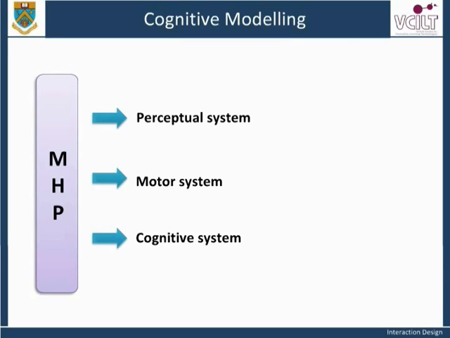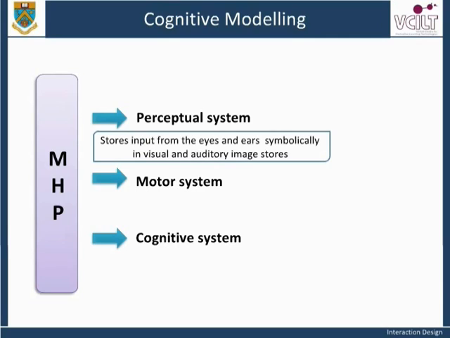Each of these subsystems has its own memories and processes, and works on different kinds of information, as illustrated in the following diagram. Perceptual system: input from the eyes and ears are stored symbolically in visual and auditory image stores, which go on to be processed in working memory by the cognitive system and possibly stored in long-term memory for later access. For example, the sound of a car horn is coded as a loud warning.